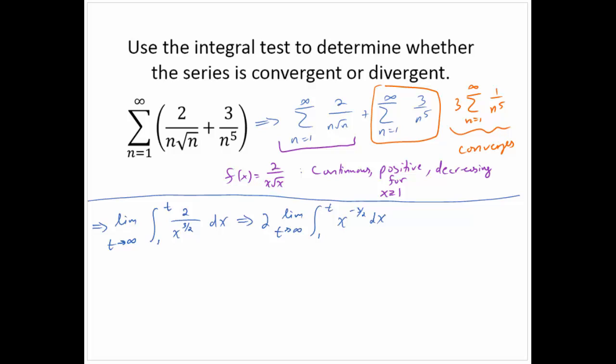So increase the exponent by 1, and divide by the new exponent. We would have 2 times the limit, t approaching infinity, of x to the negative 1/2 over negative 1/2.